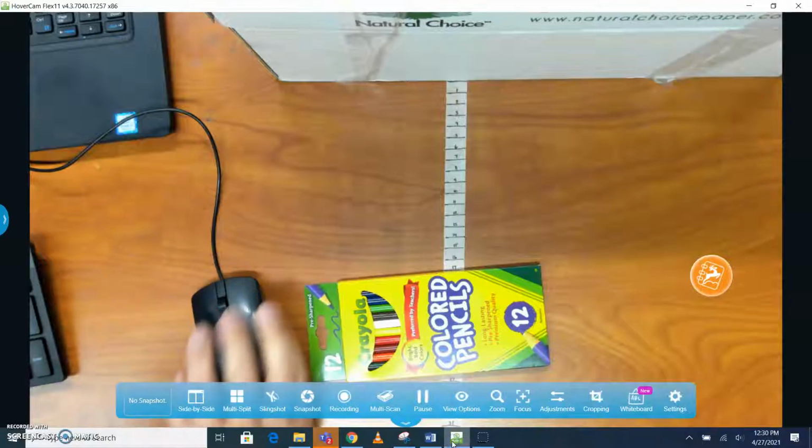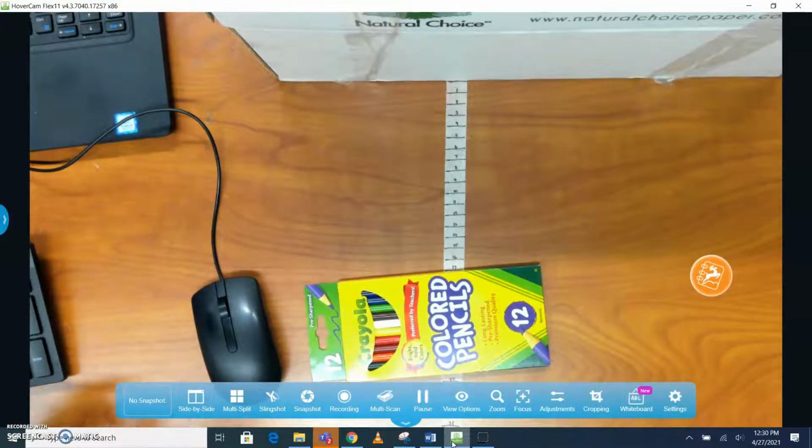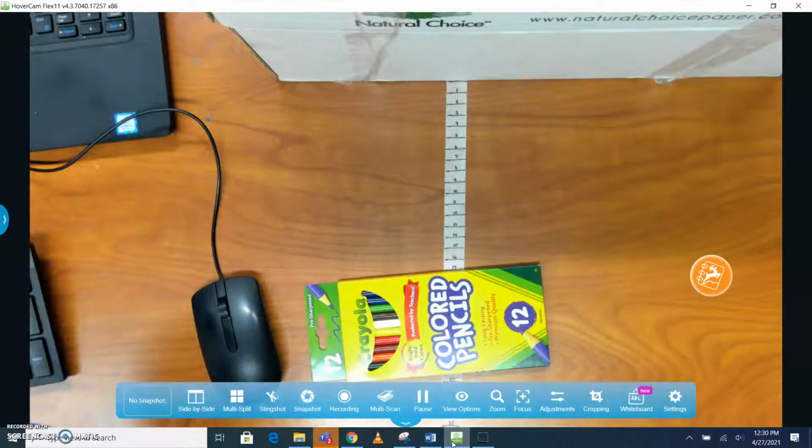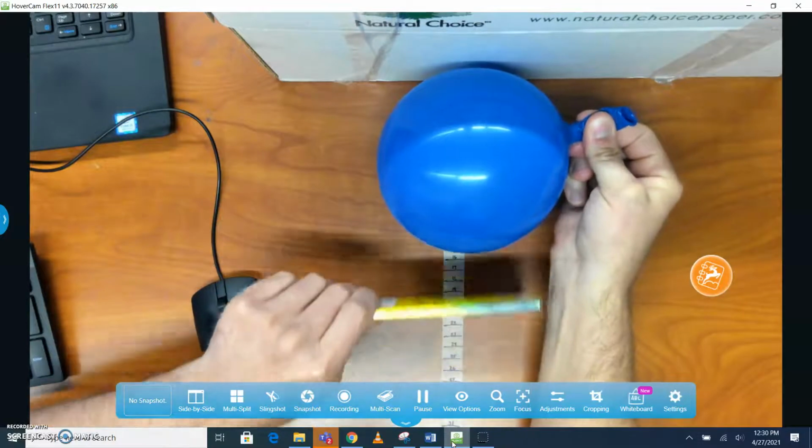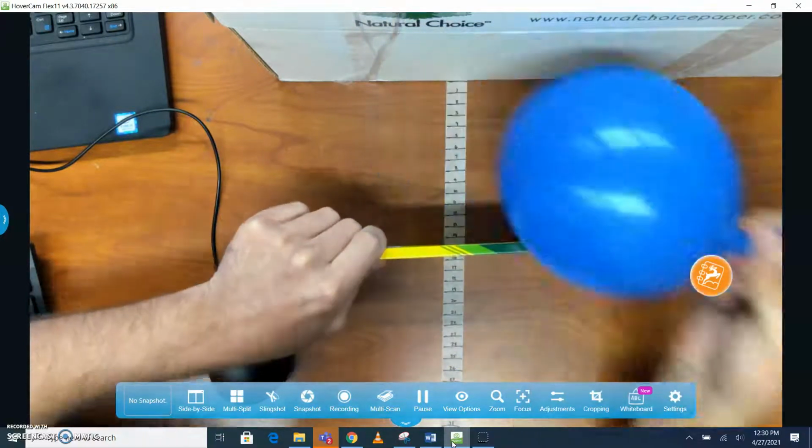So normal breath in. Normal exhale. And then force out as much air after a normal exhale. Looks like my first number, about 15 centimeters.